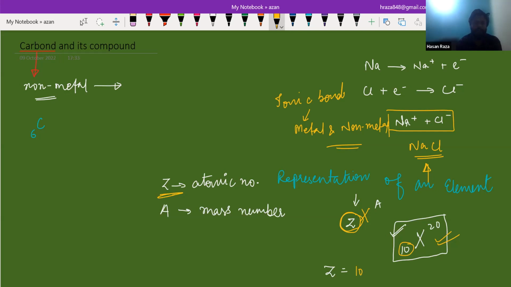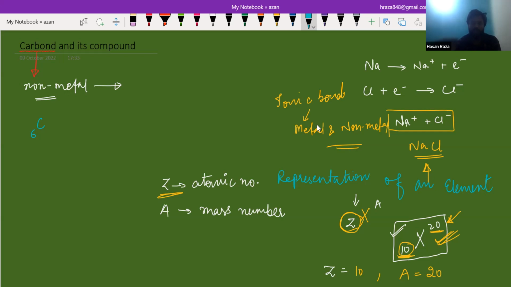Basically atomic number is in the subscript at the bottom, and mass number is here. Are you getting my point? Yes, sir. Can you tell me the mass number of this element? 20.